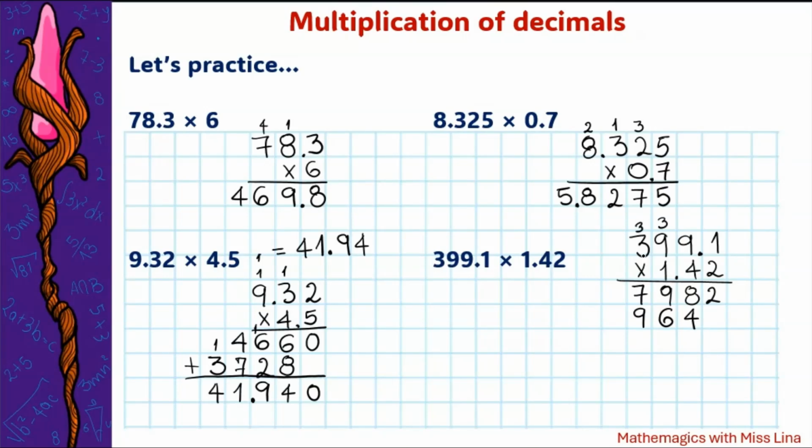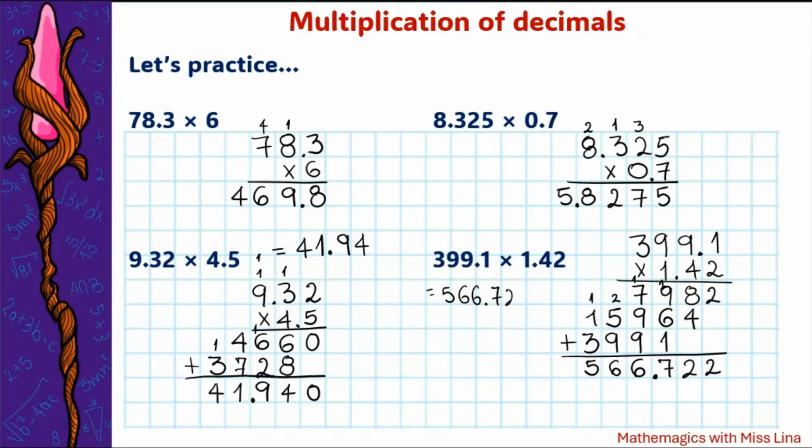We carry the 3. 4 times 3 is 12, plus 3 is 15. And again, the 1 is just repeating the initial number, so I'm just going to write it down again. And then we add. 2, 12, we carry the 1. 17, we carry the 1. 26, carry the 2. 16, carry the 1, and 5. Again, let's count the decimals. 1, 2, and 3. And then we put the decimal point there. So this one is 566.722.